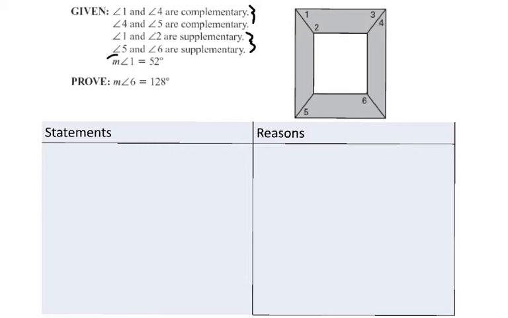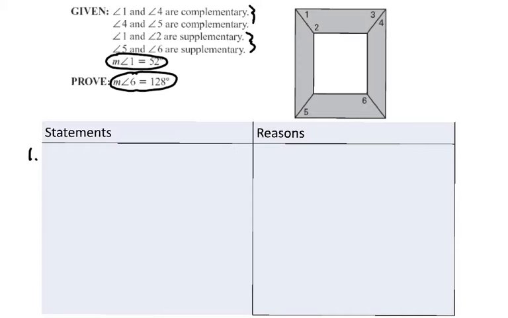Then finally we're going to use this fact that the measurement of angle 1 is equal to 52 to show that the measurement of angle 6 is 128 degrees. So this is kind of long, but not terribly long. We can get through it.